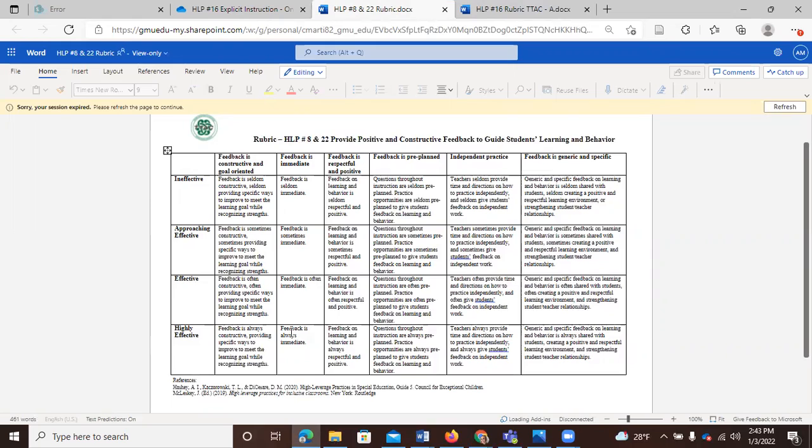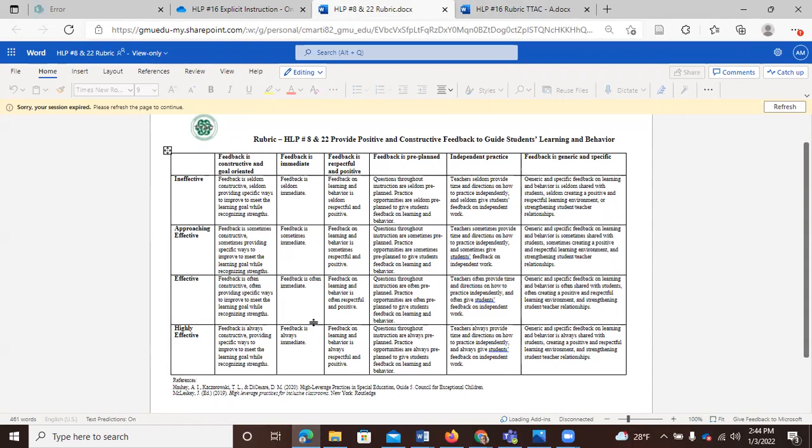Similarly to the other rubric in terms of HLP 16, I would say between effective and highly effective. Again, this is only a snapshot of an observation, but what we saw, in my opinion, was strong. So we could definitely utilize feedback as immediate.